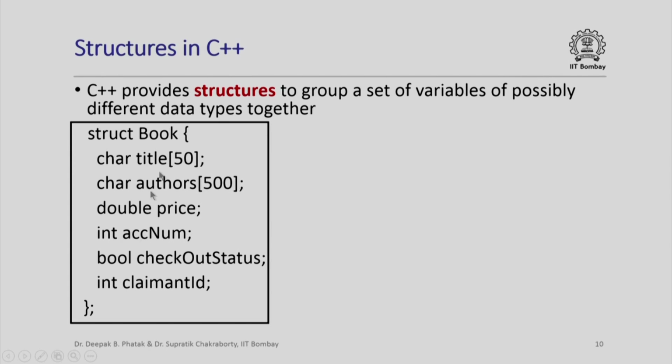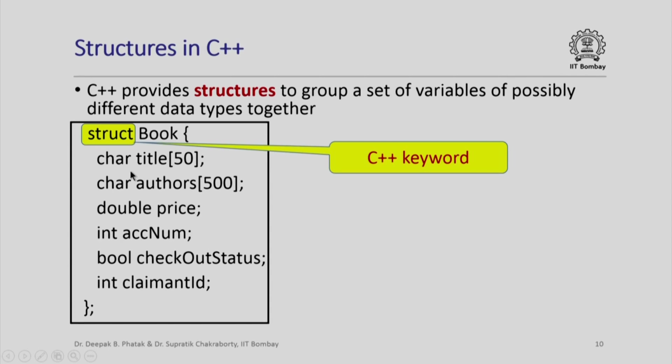I am grouping all of them together into one entity which I have now declared through the C++ keyword called struct. So this keyword says that now I am grouping together variables, arrays of possibly different data types because all of them contain information about a particular entity. So that is what the struct keyword says.